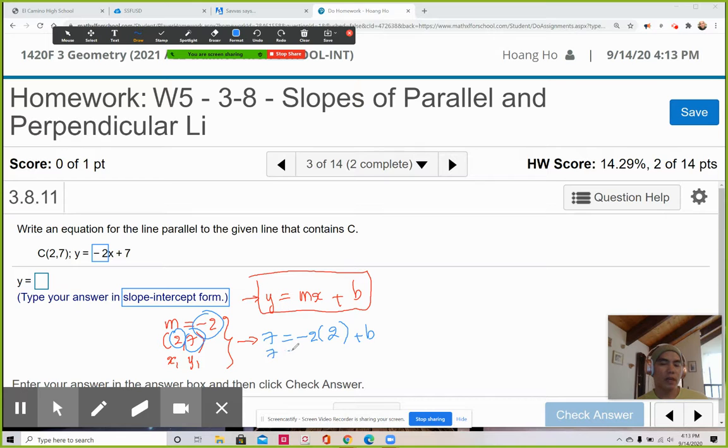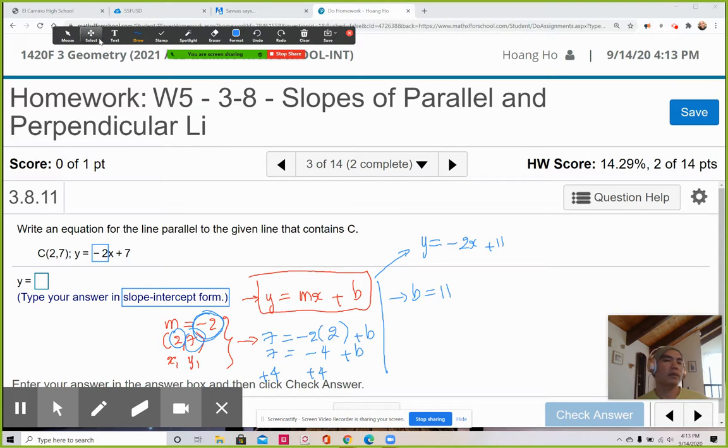So 7 = -4 plus b, you add 4 on both sides. So you come out b equals 11. Okay, so you got your equation. The slope equals -2 right here. So put it down, -2x, and then b equals 11.